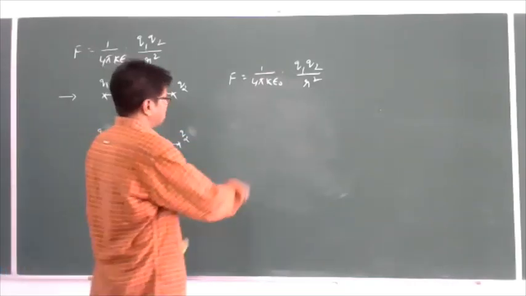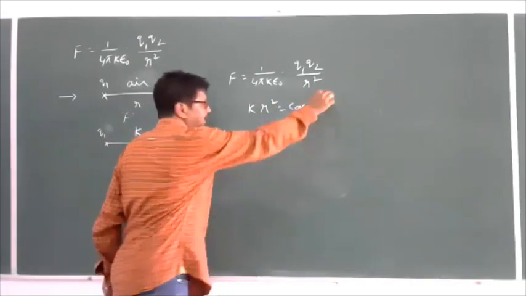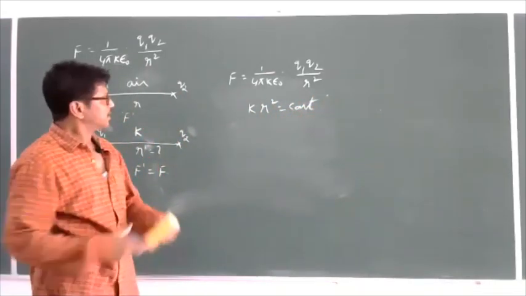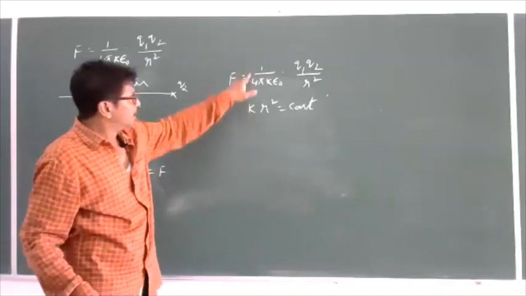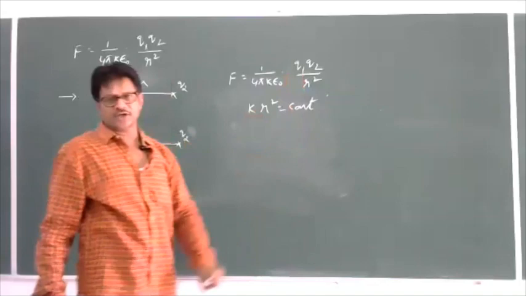Based on that, I will write K R square is equal to constant, because F is constant, 1 by 4 pi epsilon naught is constant, and Q1, Q2 are constant.